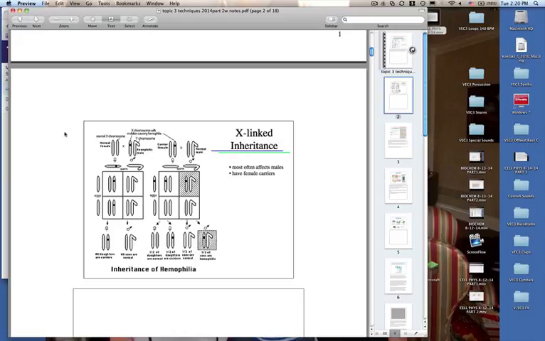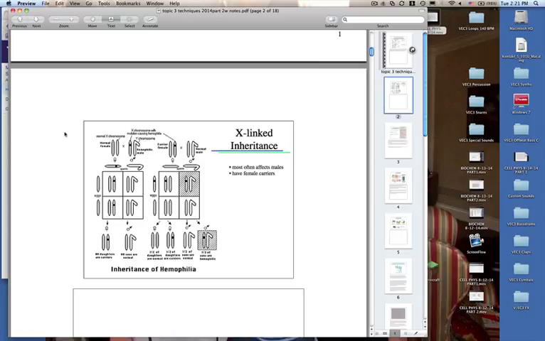So X inactivation, the evening of the dosage in females, allows for inactivation of one of those X's. And it's completely random as far as which one is inactivated. And so potentially a woman can show a complete phenotype of that disease state, or it can be graded depending upon which X is inactivated and when during embryogenesis it was actually inactivated. So some of her organs may have a bad copy being expressed.